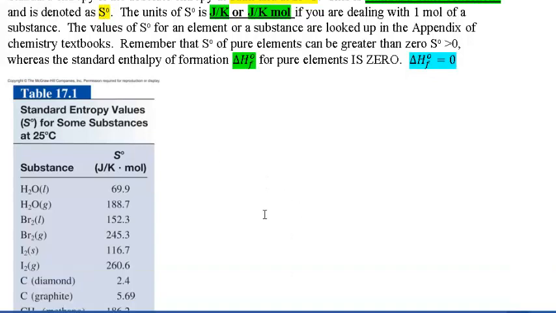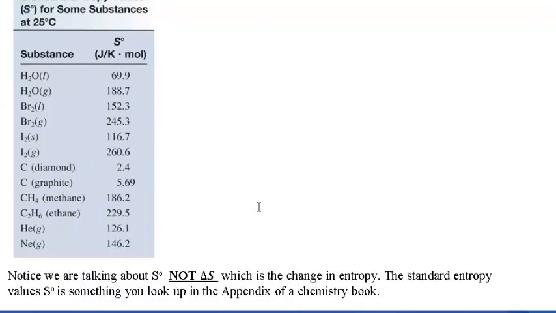So take a look at this table here that I copied and pasted from a textbook. Br2 gas, the standard enthalpy of formation of that is actually going to be 0 because bromine in its natural abundant state will be diatomic. But the standard entropy for 1 mole of Br2 gas is not 0. So that's a very unique distinction.